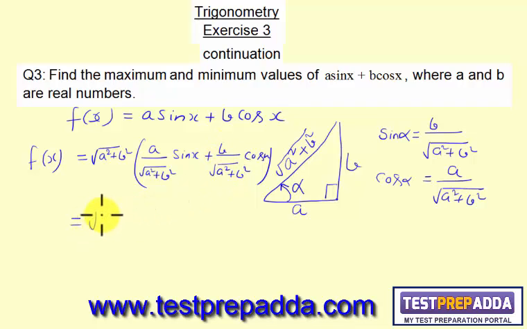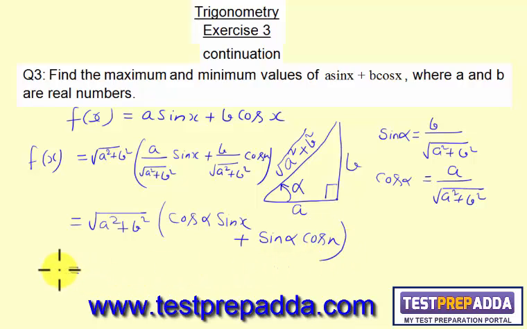So this way the function is converted into root a square plus b square, and inside I'll write this as cos alpha sin x plus sin alpha cos x. Now recall the formula sin(A plus B).